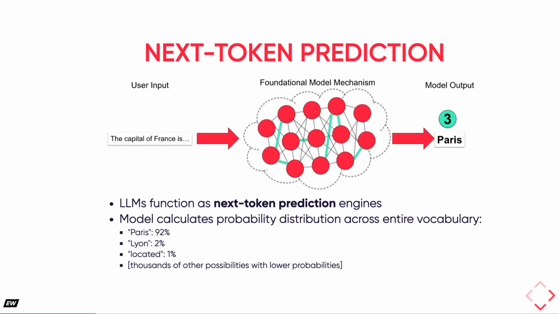For instance, the token for Paris might have a 92% probability, Lyon a 2%, located a 1%, and so on, with thousands of other tokens having much lower probabilities. The LLM then typically selects the token with the highest probability, or samples from the most probable tokens, to generate its output. This process is repeated token by token to form a complete response.